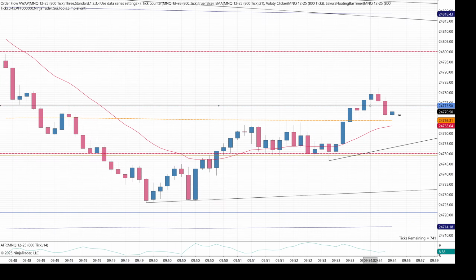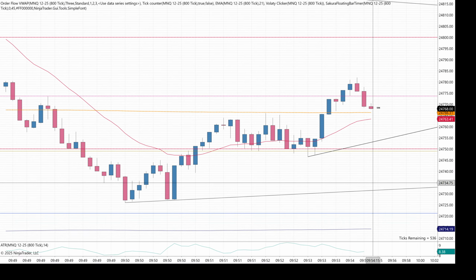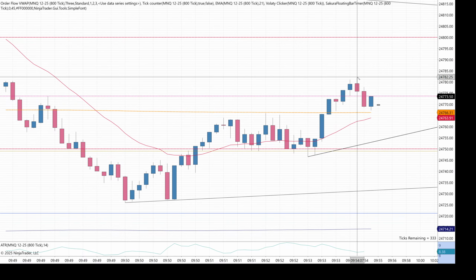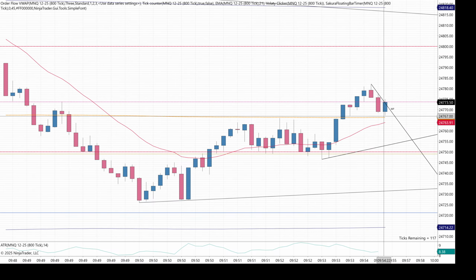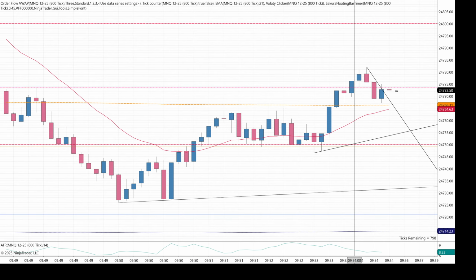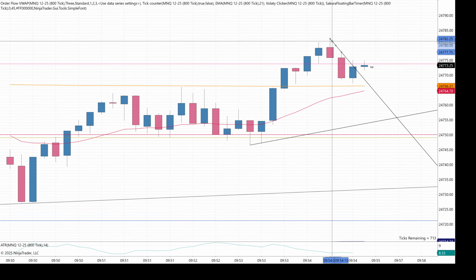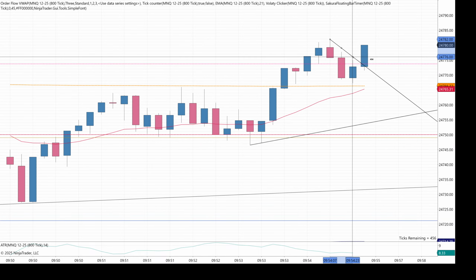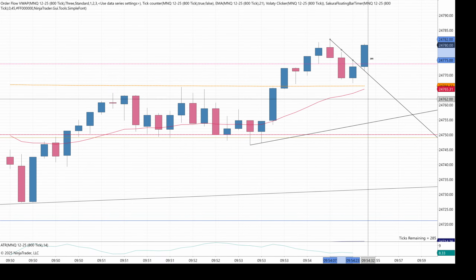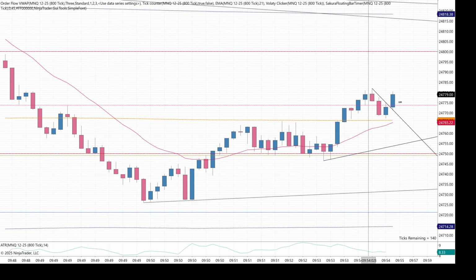Our runner just got taken out right there. This is our next potential bullish candle here. Didn't close them. Yeah. It's going to be the next one. All right, this is the bullish.